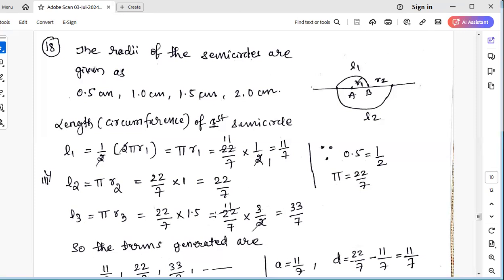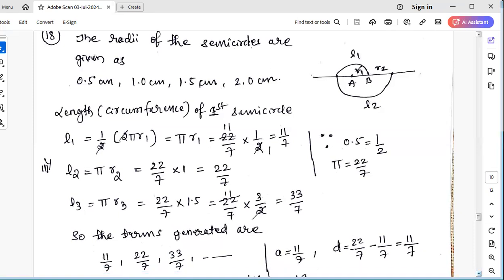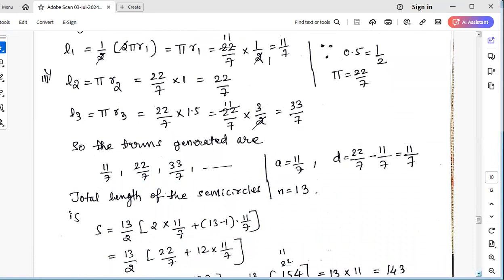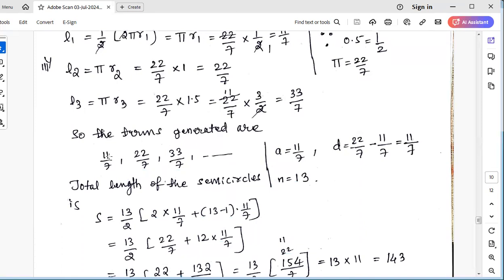So 22 by 7 into this 1.5, you can write as 3 by 2, because 3 by 2 is 1.5. So here we can cancel: 2 elevens are 22, and 11 into 3 is 33 divided by 7. 33 by 7 is the length of the third semicircle. So the terms generated here are 11 by 7, 22 by 7, 33 by 7, and so on.